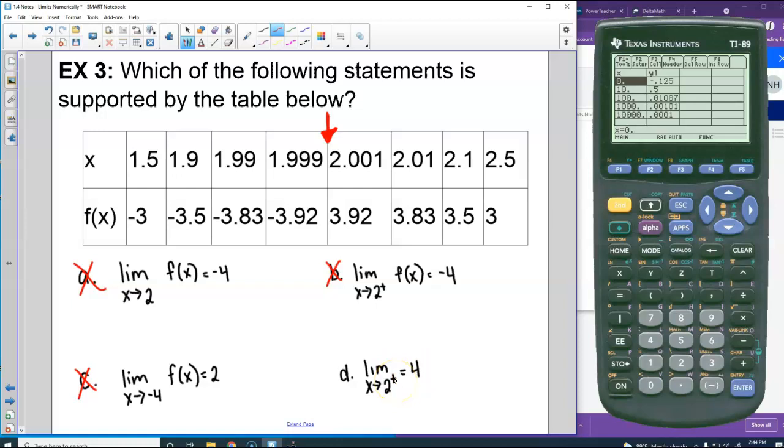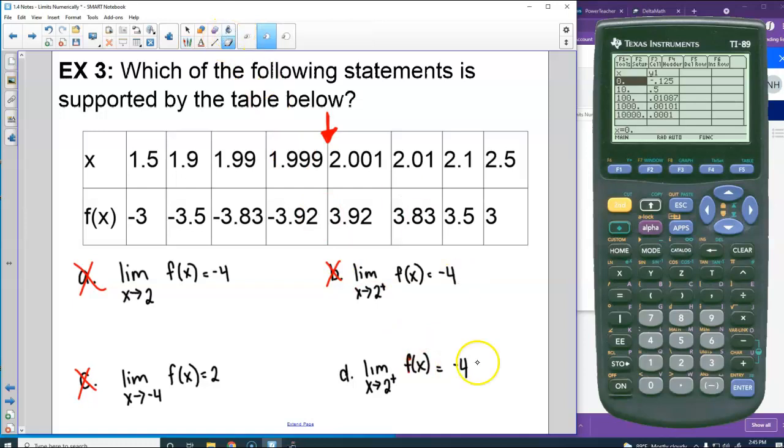Whenever we take a limit, it has to be a limit of something. And mine is just limit empty, right? I don't have anything there, so I really should have, right there, squeeze this in, f of x equals negative 4. Hold on.